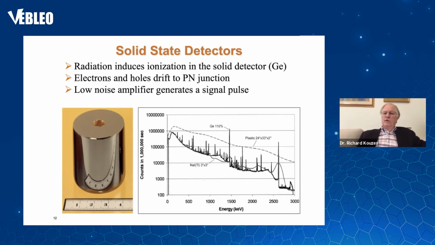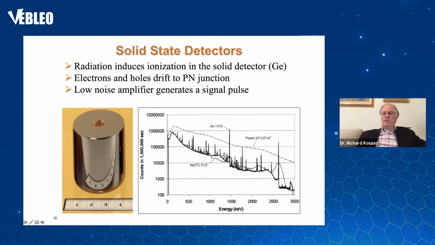Now, these solid state devices tend to be very expensive, and they also tend to be fairly small, but they do give the very best possible resolution. On the left here is an example of a high purity germanium boule with a detector contact at the bottom of it. You can see there, that's where the electronics connects to amplify the signal.